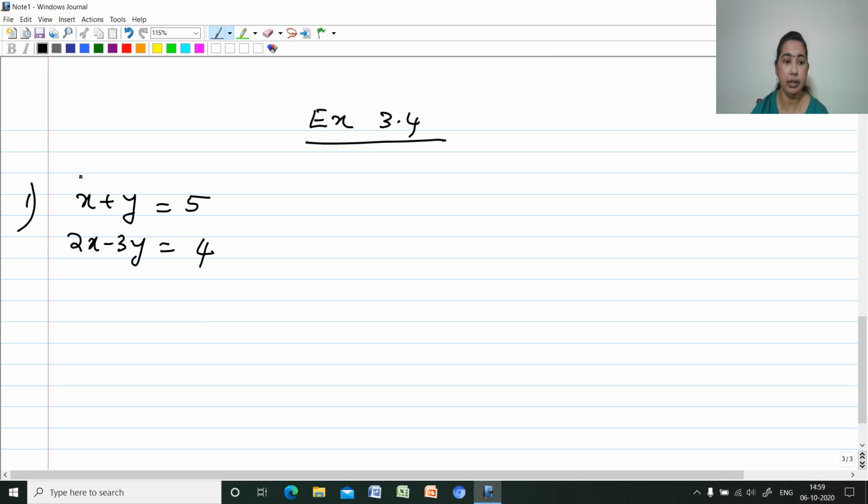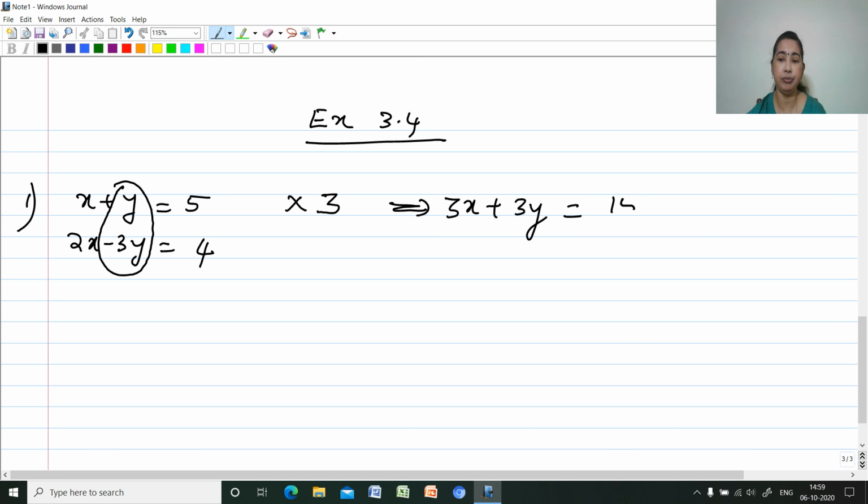So as earlier we have discussed, either the x variable or the y variable we have to make the same. If I am taking this side, we'll make the y variable the same by multiplying the first equation by 3, and you get 3x + 3y = 15, and the second equation is 2x - 3y = 4.